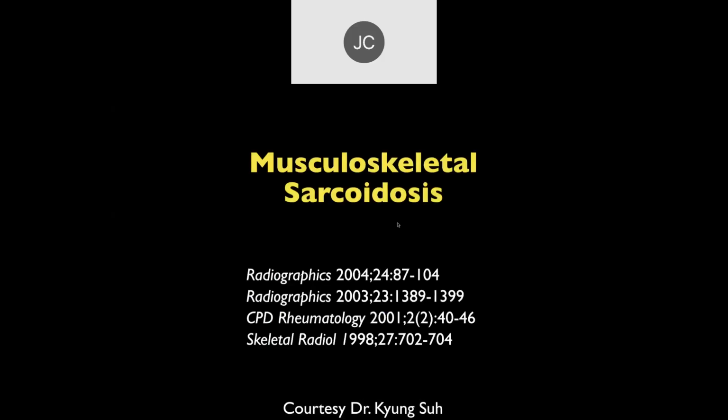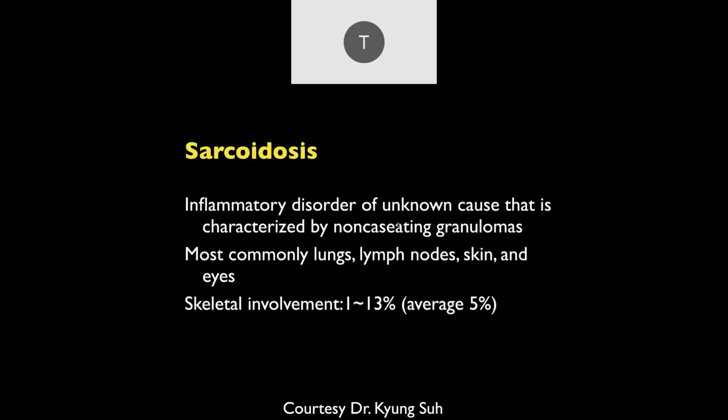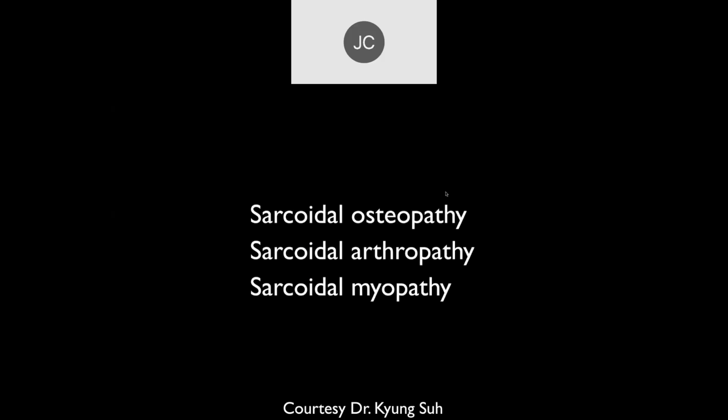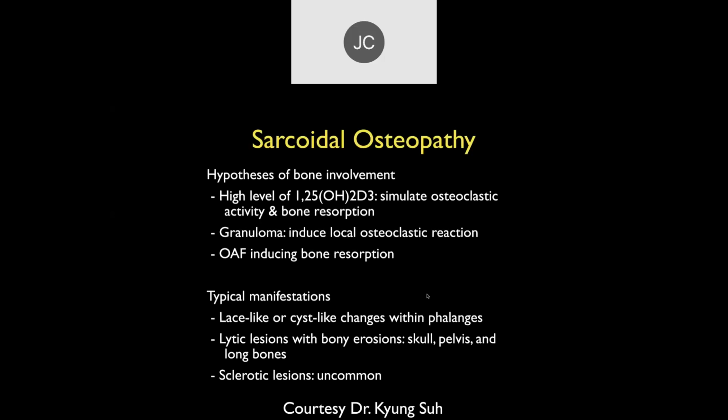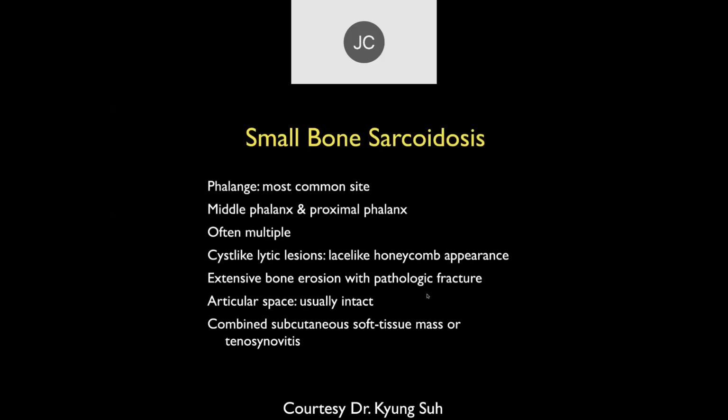And it can be kind of hard to the touch as well. You can get involvement of the bones, the joints, and the muscles. And it gives it kind of a lace-like appearance. I think I have an example of what that looks like on plain films coming up.